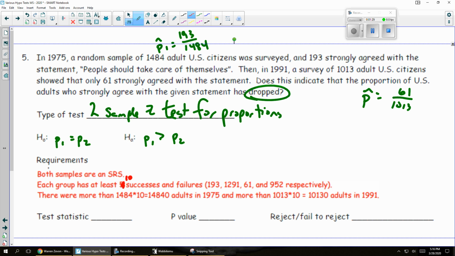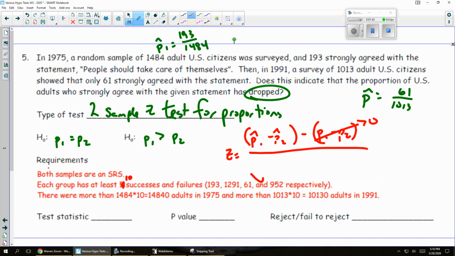Now, the formula here is going to be the estimate, which is this, minus the parameter, which is going to be 0, over the square root, and this is where I have the pooled p-hat. So this is p-hat, 1 minus p-hat over n1 plus p-hat, 1 minus p-hat over n2.